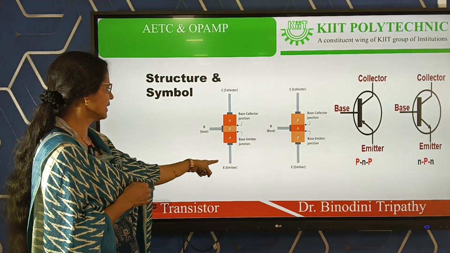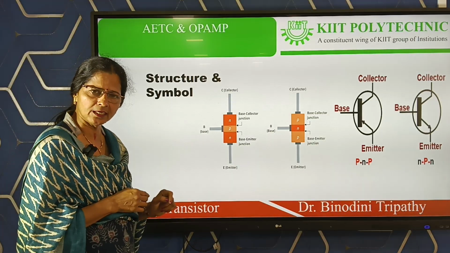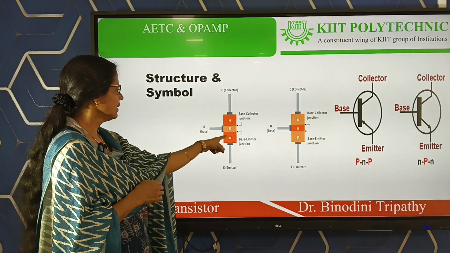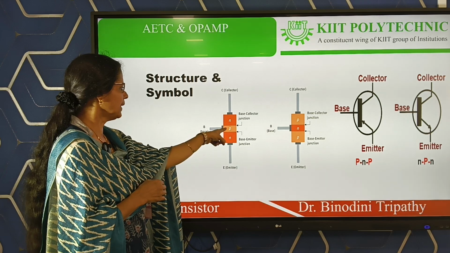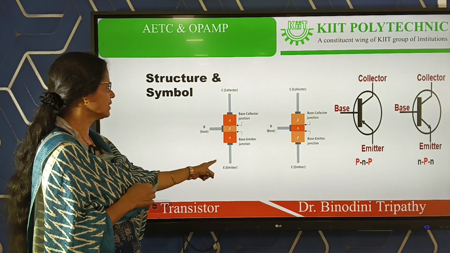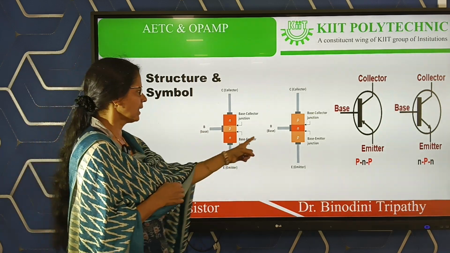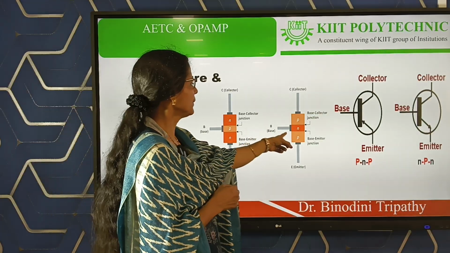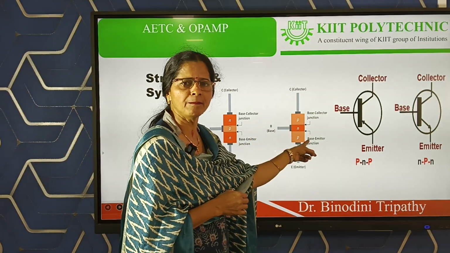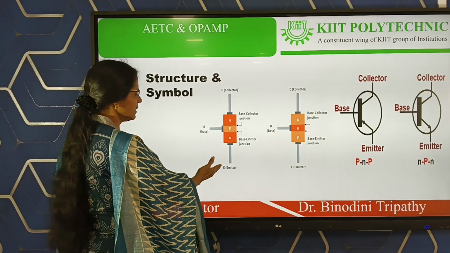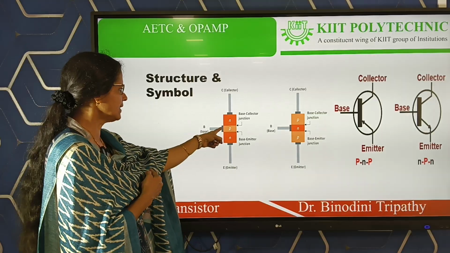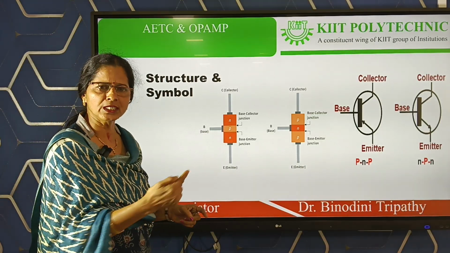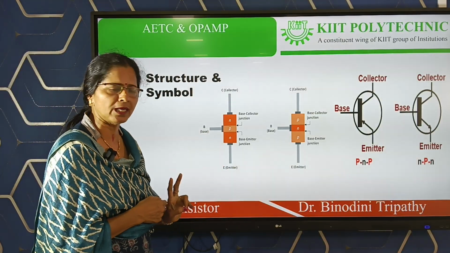The three terminals are named emitter, base, and collector. If we introduce p-type between two n-type layers, that is known as an NPN transistor. Another structure is also possible: between two p-type, we can introduce an n-type. Whichever structure, the basic meaning is that at the middle we introduce a dissimilar type between the two similar.